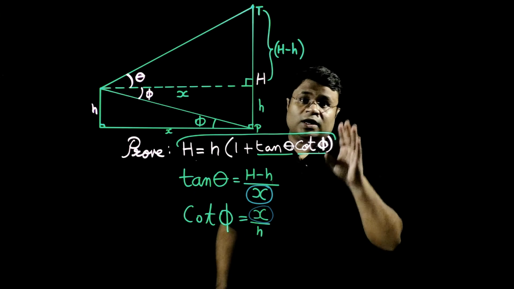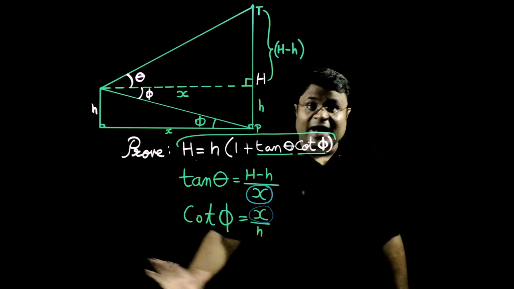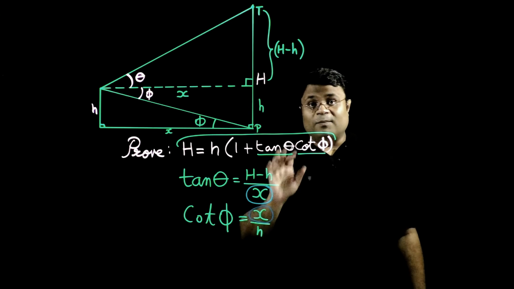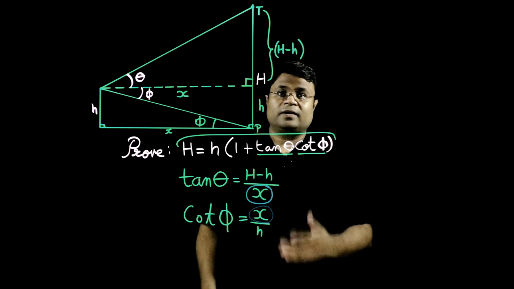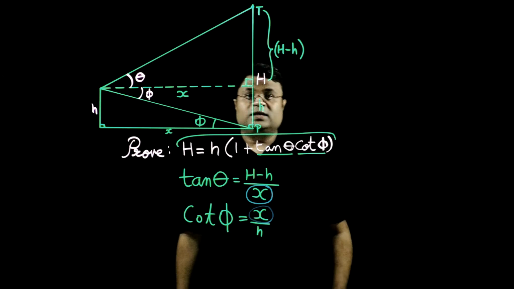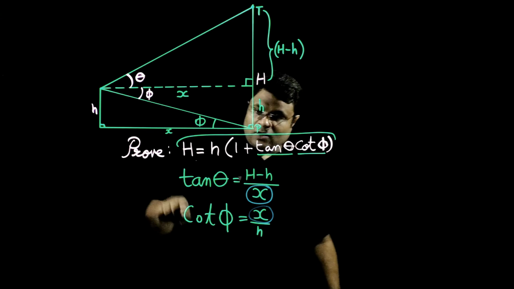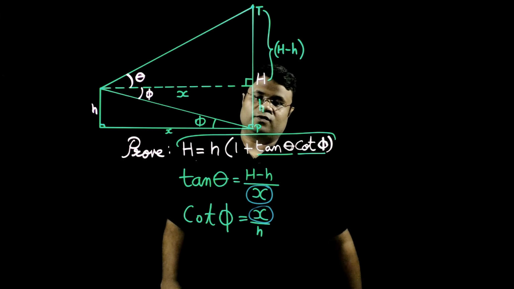So I am not only solving this question for you, I am discussing the entire method. Step number 1, draw the figure. Step number 2, take only those ratios which are given in the proof.